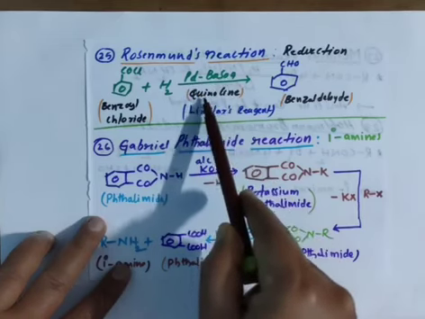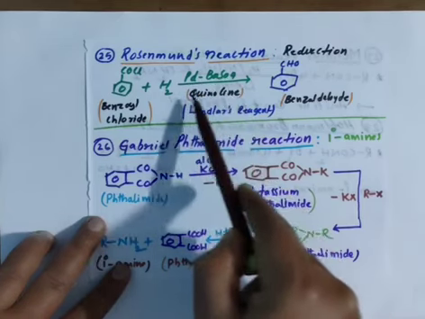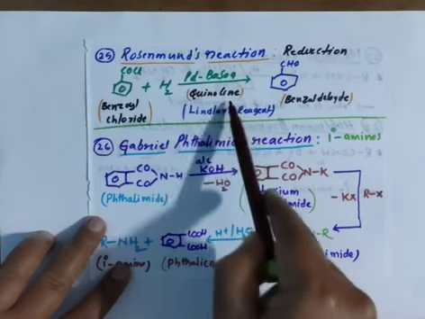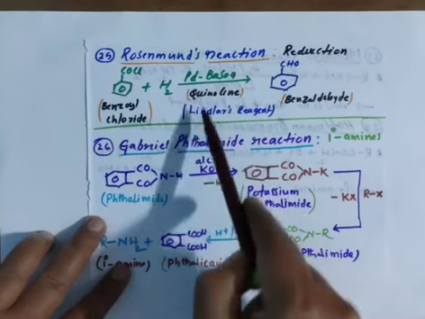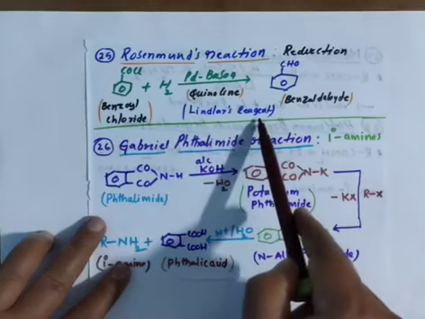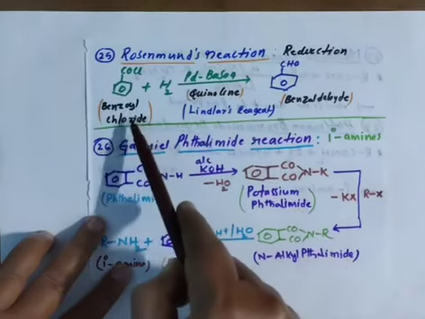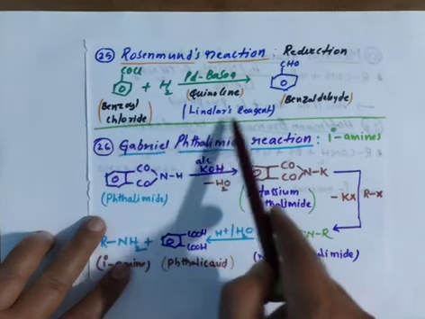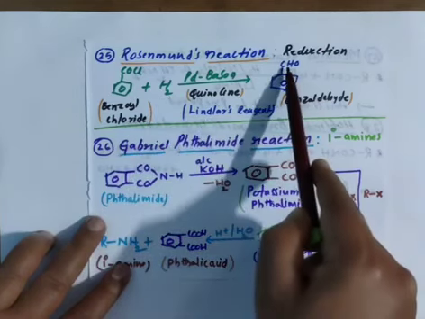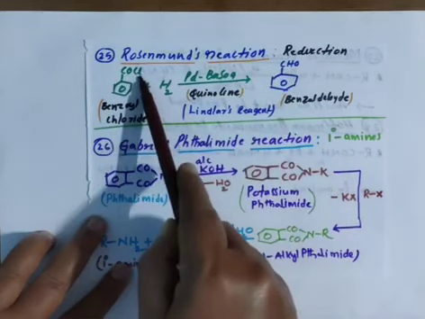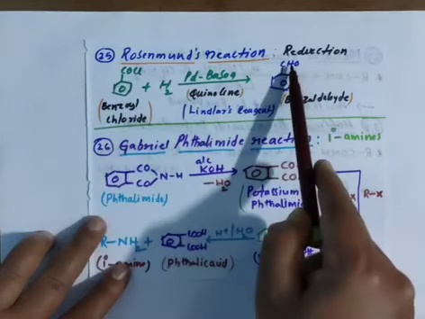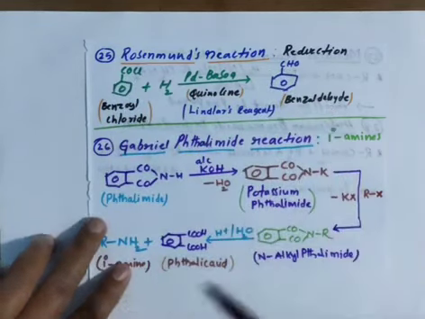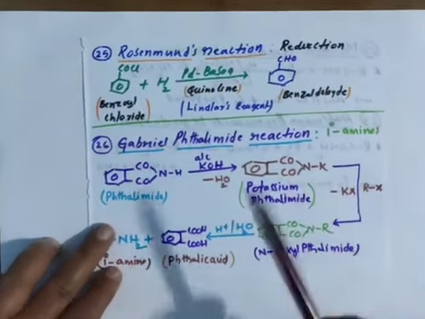Quinoline can also be taken, which acts as a poison. Pd/BaSO4 is what we call Lindlar's catalyst. So when benzoyl chloride is treated with hydrogen in the presence of the catalyst, you are getting benzaldehyde. The COCl group is converted to the CHO group. That is the Rosenmund reduction.